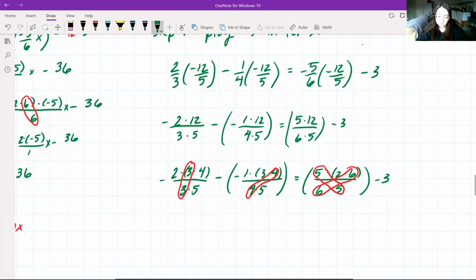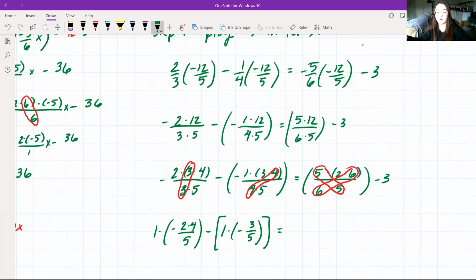So simplifying this is going to give us 1 times negative 2 times 4 divided by 5 minus 1 times, and let's give these some brackets, 1 times negative 3 over 5. And the only value that we have on our left-hand side is 2. So we have 2 minus 3 on our left-hand side. The left-hand side is so nice.